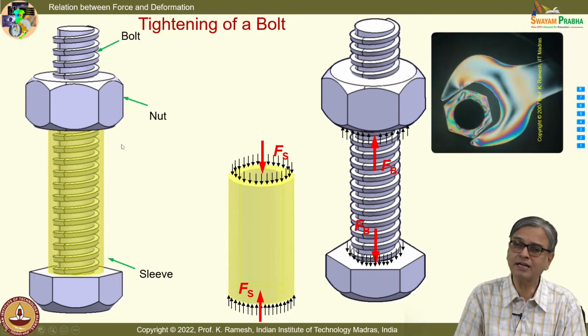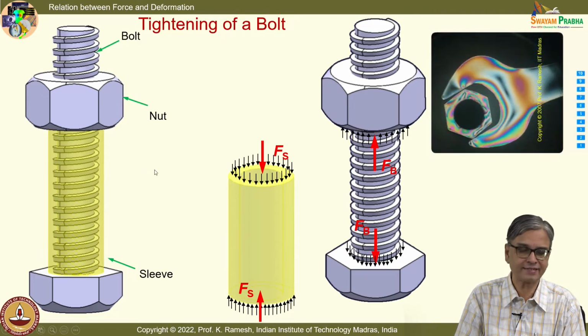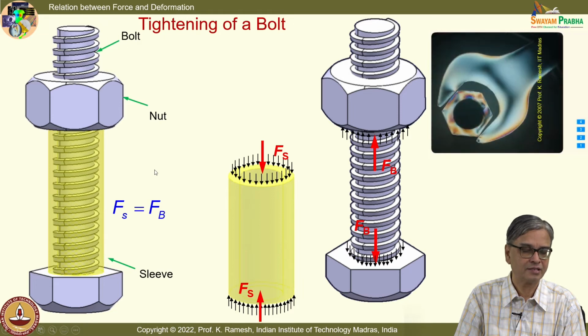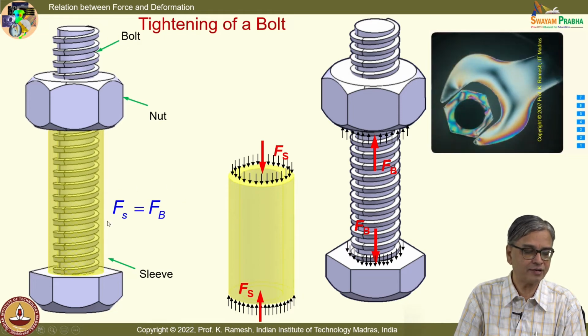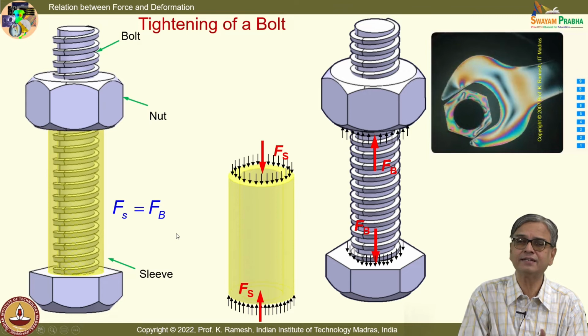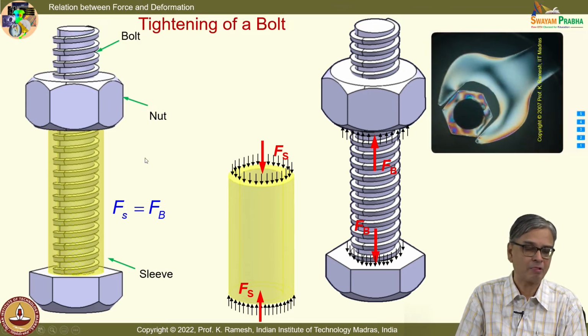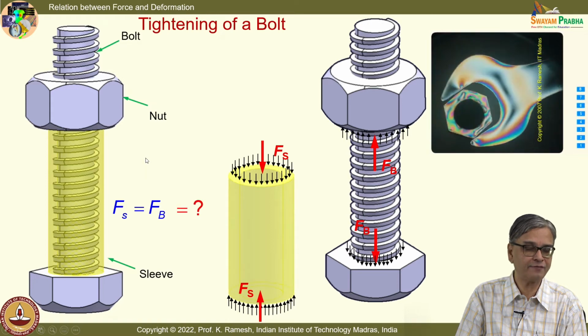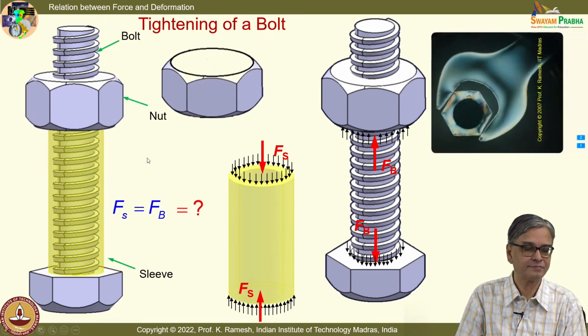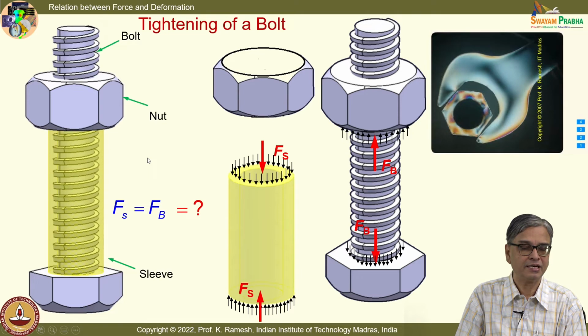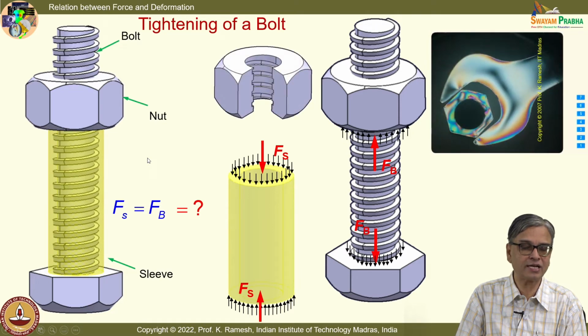And what happens to the nut? Nut has threads, and from your force equilibrium you can only say Fs equal to Fb. And what happens to the nut? If you look at it, it is cut open and then shown as threads.